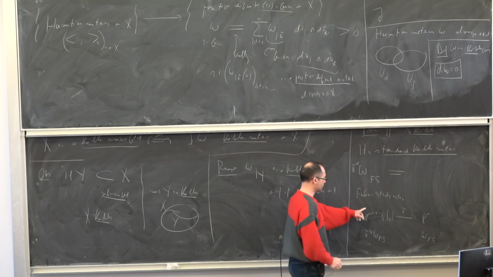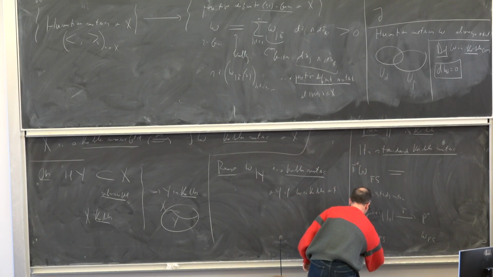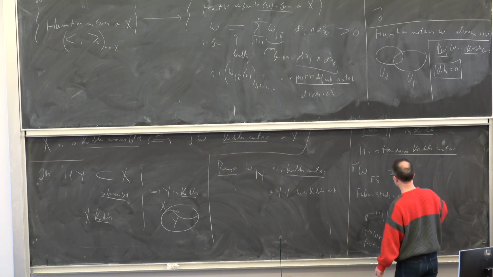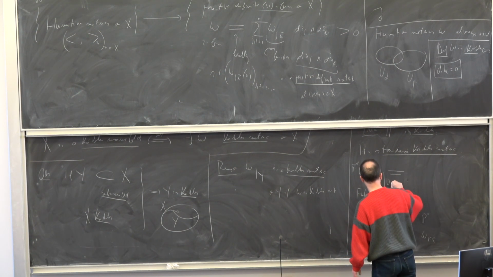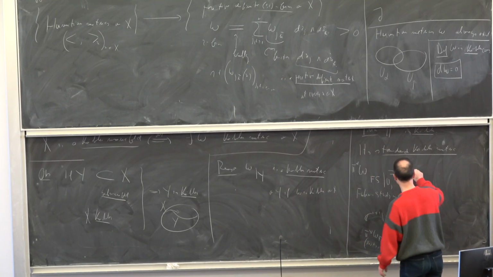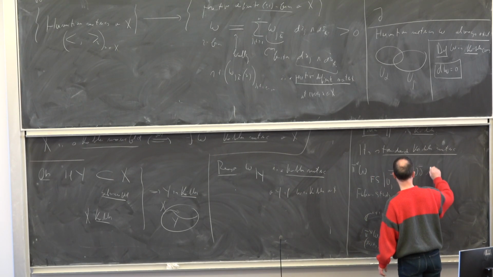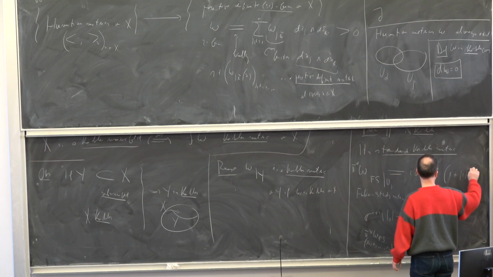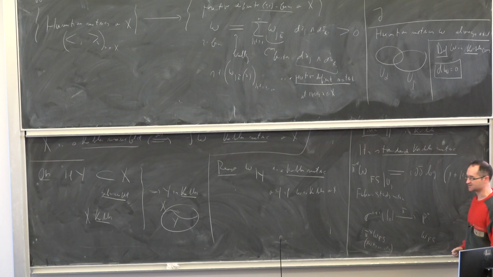Upstairs we have coordinates z0, z1 up to zn, the usual Euclidean coordinates. And the Fubini-Study metric is simply, restricted to each open subset Uj, i partial partial-bar log of 1 plus |z| squared.